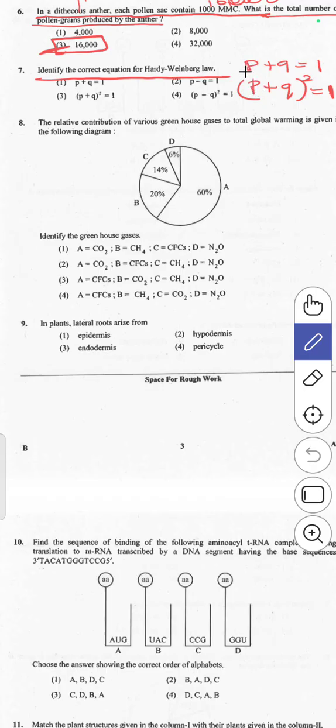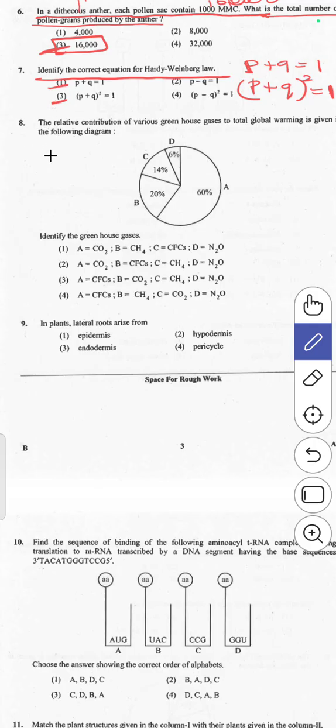If they give these two, then those will be considered correct equations for Hardy-Weinberg law. In this option they have given both, so 1 and 3 is the right answer here.